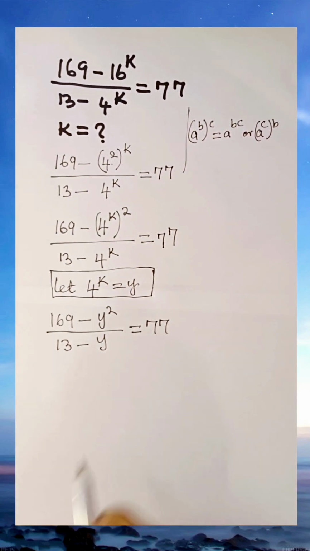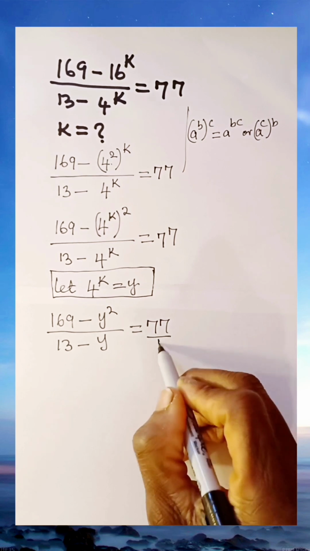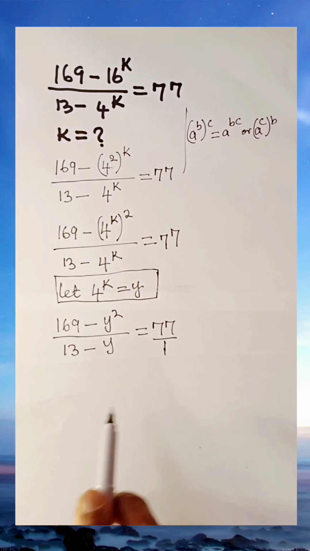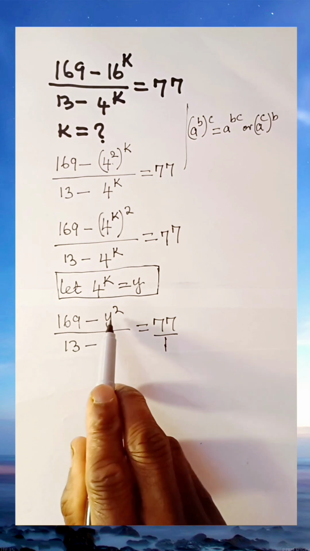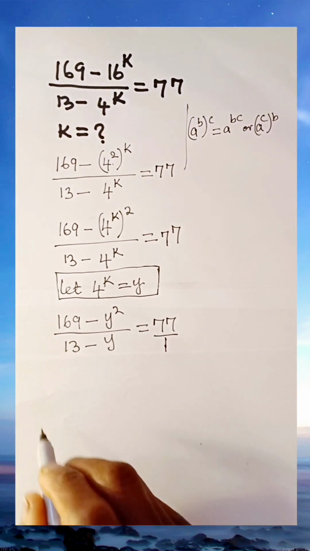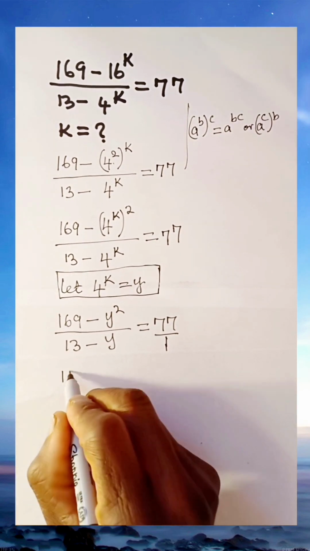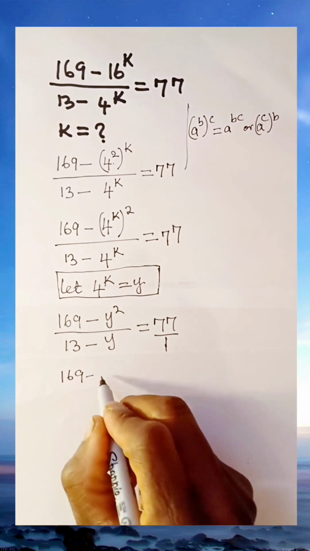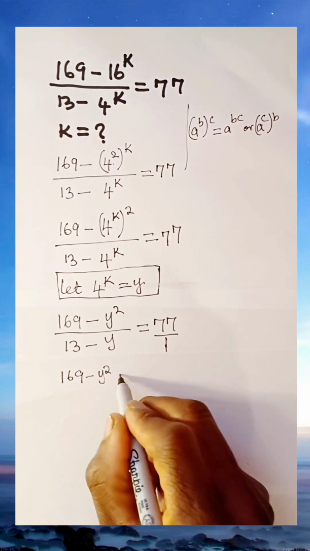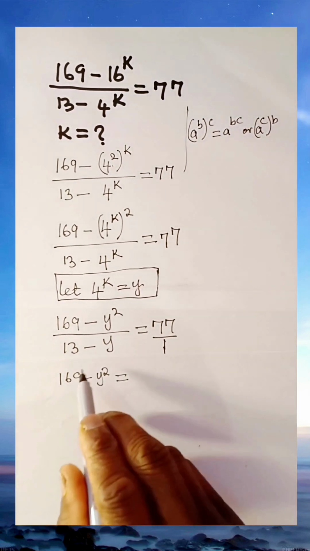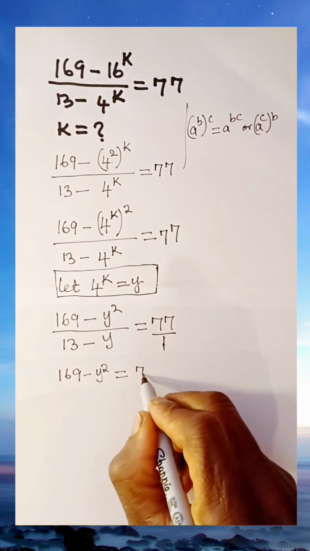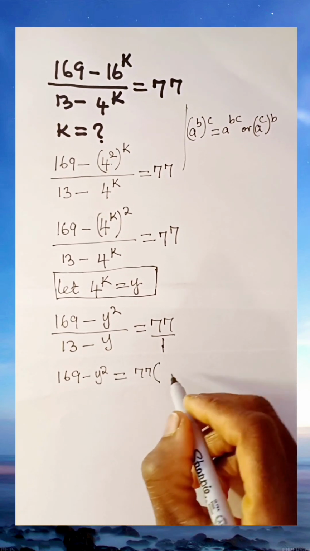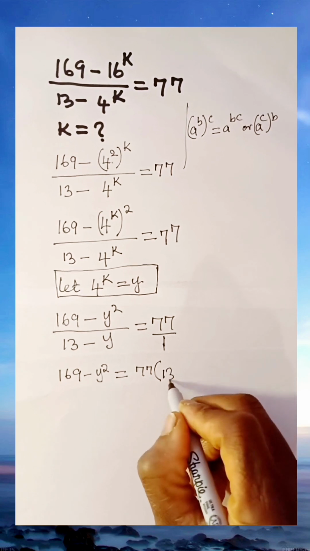All right, we can put over 1 here and cross multiply. We will have 169 minus y squared times 1, which gives the same thing, so 169 minus y squared is equal to 77 times 13 minus y.